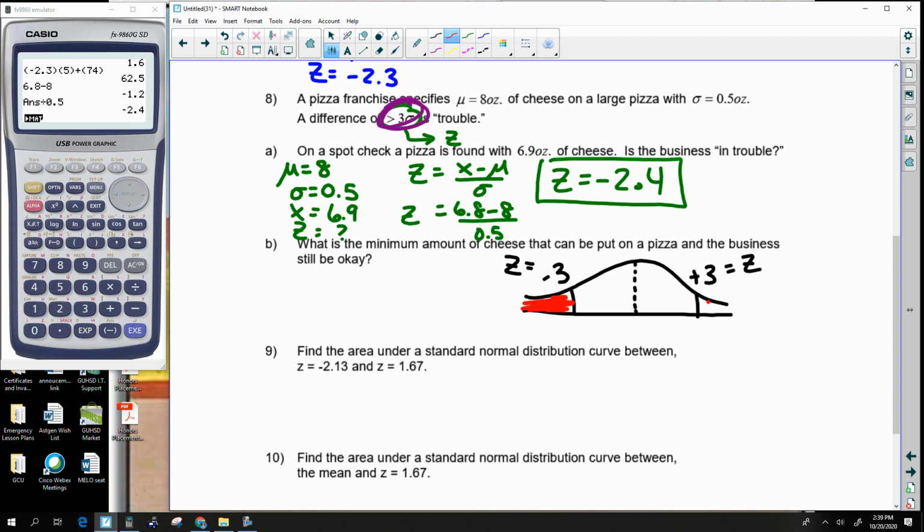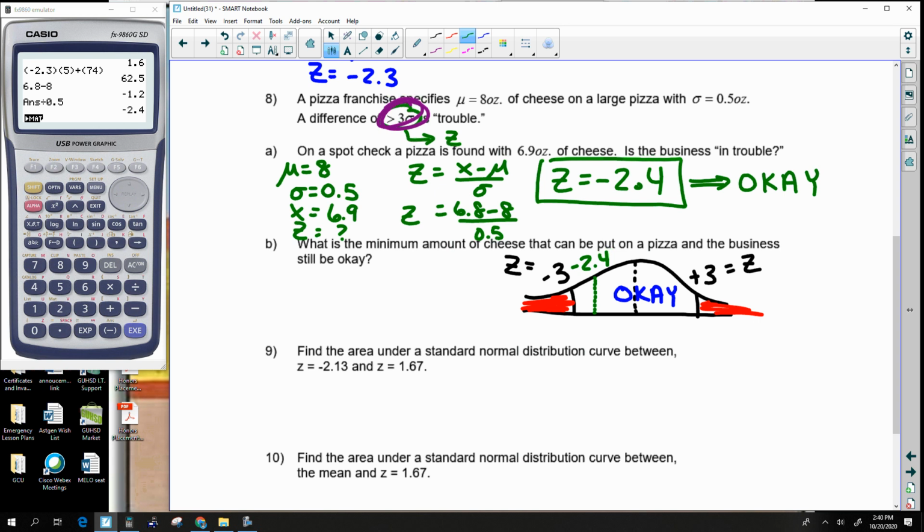If you're in this red area here, you're in trouble. However, if you're in between, that implies that you're okay. So where does this pizza franchise fall? This has a z-score of negative 2.4. It is substantially negative, but not quite negative enough to get in trouble. So negative 2.4 is still in the okay range. Make sure you specify that and answer the question that's being asked.